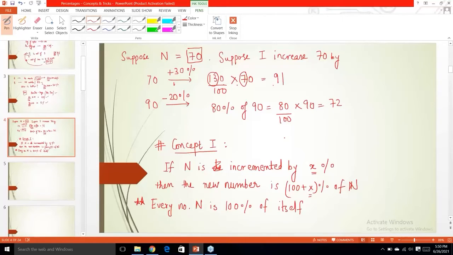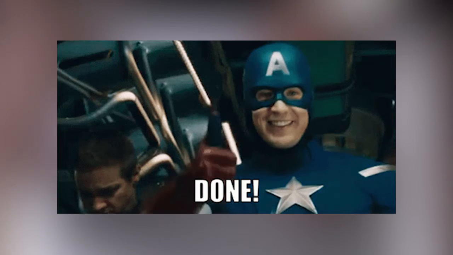Okay, so I hope it is clear to you. I understand some of you might not be having very good calculation skills right now. That is perfectly fine. The idea is you need to know that it is 80% of 90. Figuring out that 80% is 4 by 5 will come with time. But the moment you understand that it is 80% of 90 and 80% is 80 by 100, your work is done.